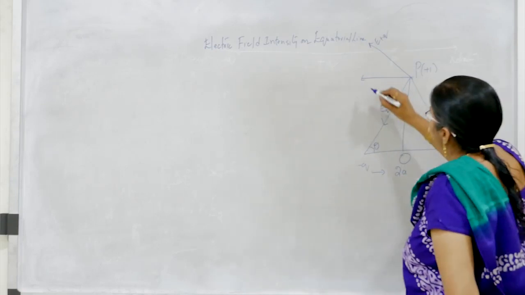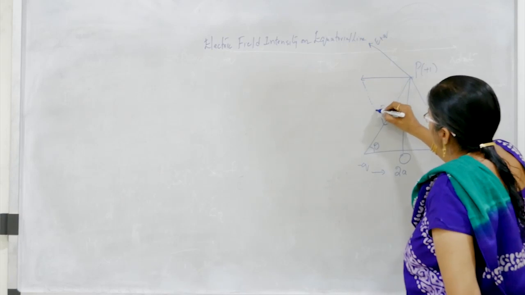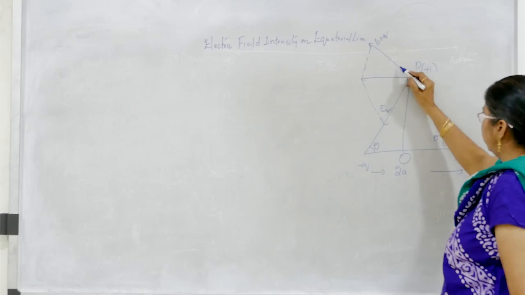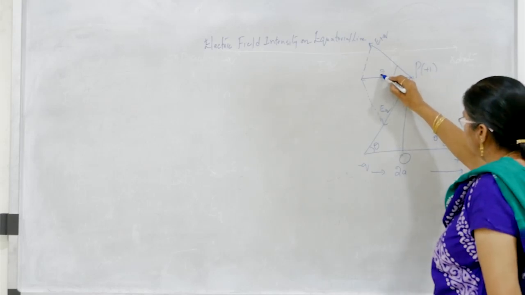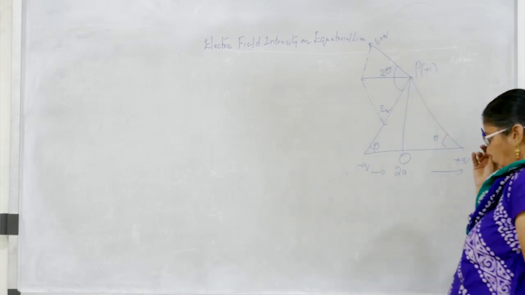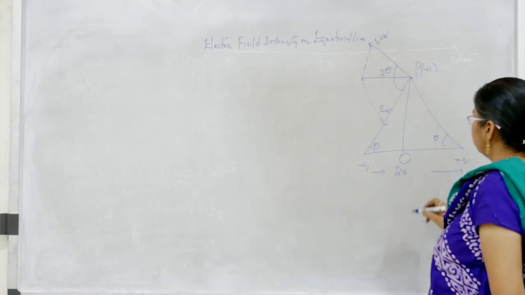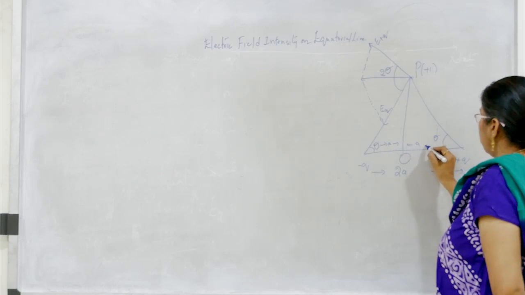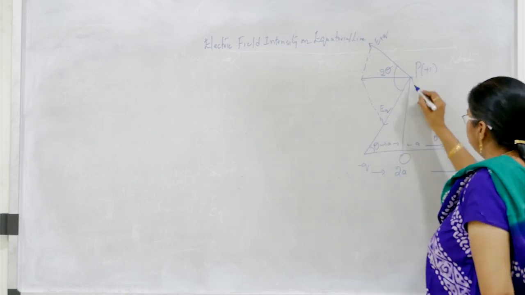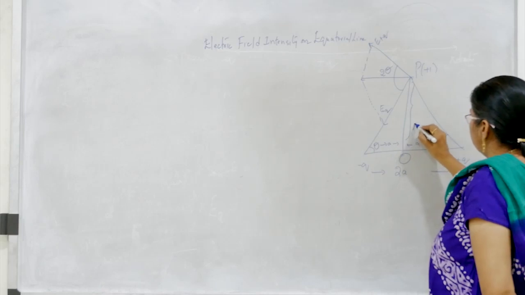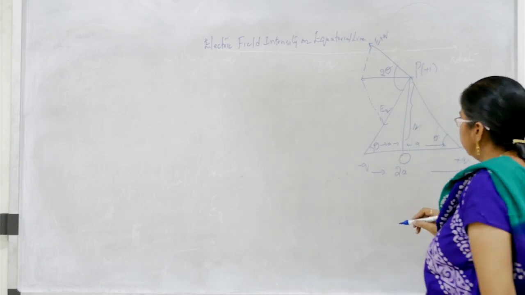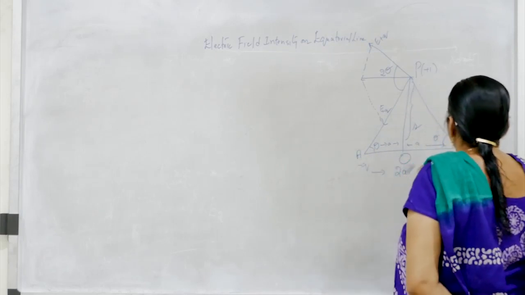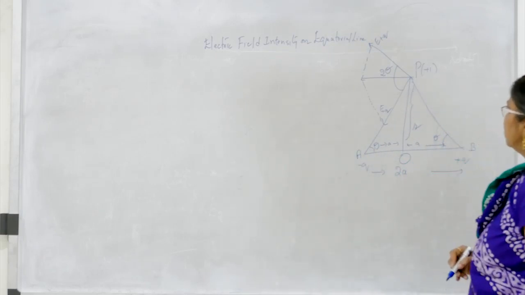So this is theta, this is theta, the total angle will be 2 theta, and this becomes A, this becomes A, and this is R. R is the distance from where it is, and this is A, B. So this is the total diagram.